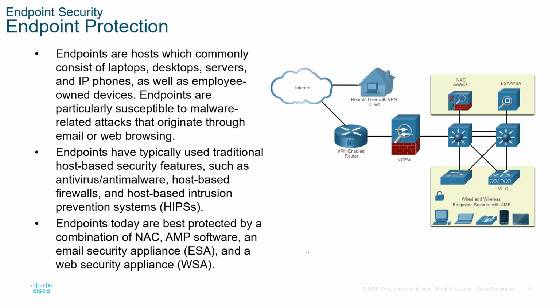Endpoint protection. Endpoints are hosts, commonly consisting of laptops, desktops, IP phones. Endpoints have typically used traditional host-based security features such as antiviruses. Endpoints today are best protected by a combination of NAC, AMP software, ESA, and WSA.